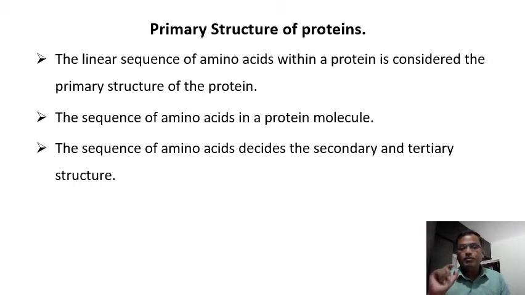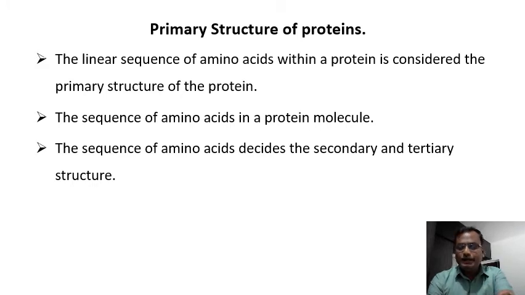So, the shape of the protein is directly responsible for the functioning of the protein. If there is any change in the shape, then it becomes non-functional, right? So therefore, understanding the primary structure, secondary structure, tertiary structure, and the quaternary structure of protein becomes very important. Now let us start understanding the structure of protein by studying the primary structure of the protein.